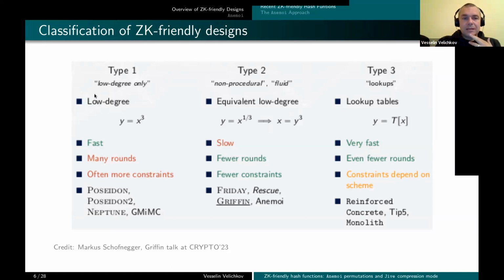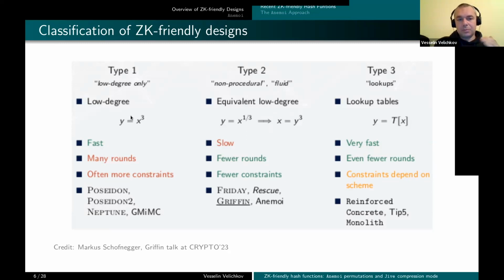So type 1, low degree only designs. These are hash functions that use only low degree transformations, like the power function x cubed, in order to achieve non-linearity. Later on, when I show some concrete designs, you will get a better idea where this fits inside the design.